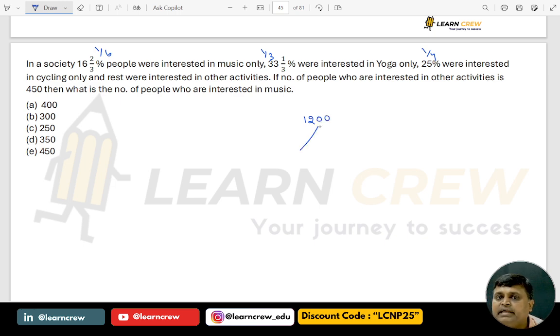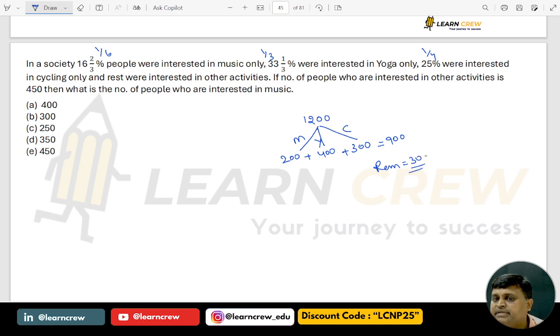In 1200, 1/6 are interested in music, and the others in yoga and cycling only. 1/6 of 1200 is 200, 1/3 of 1200 is 400, and 1/4 of 1200 is 300. So 400 plus 200 is 600, plus 300 is 900, and the remaining are 300.